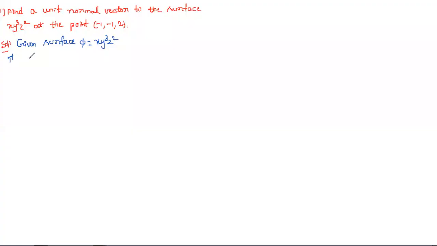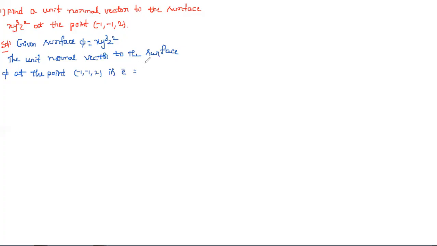The unit normal vector to the surface phi at the point (-1, -1, 2) is, so this is a formula you can remember, and this is simply we are using e cap or e bar.